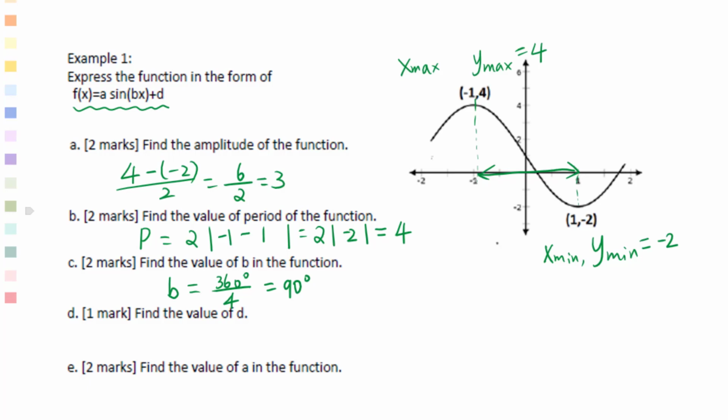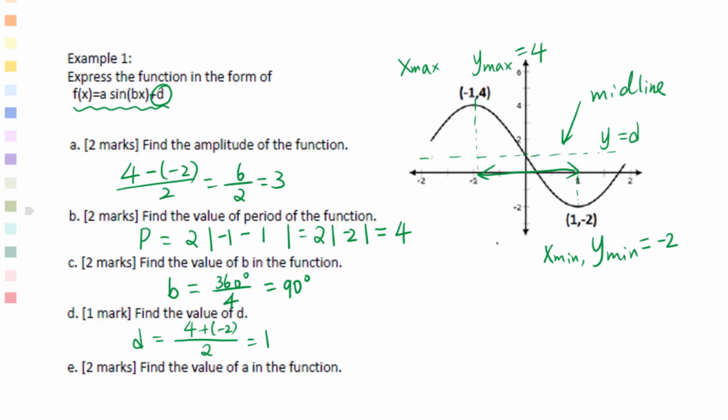Find the value of d. D is a center line. Y equals d. D equals a midline between maximum point and a minimum point. Let's use the formula. Y maximum plus Y minimum. 4 plus -2 over 2 equals 1. Find the value of a in the function.